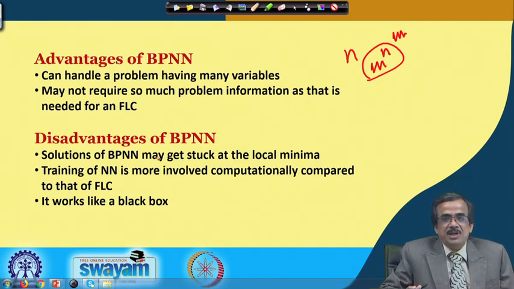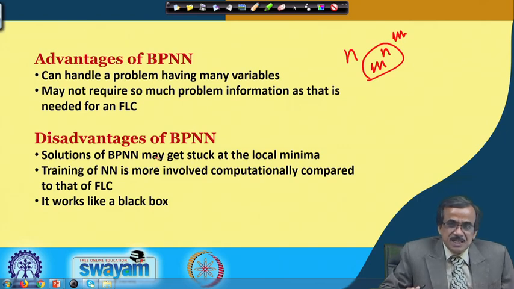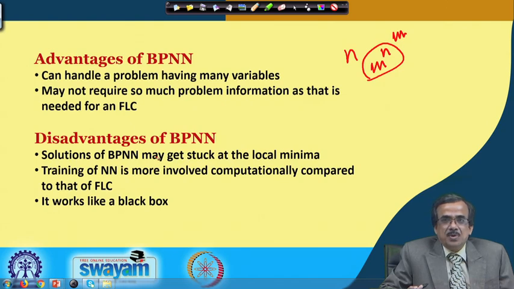This I have already discussed, because initially we do not know the nature of the error surface during the training. Now, if the error surface is found to be unimodal, this back propagation algorithm, which is nothing but the steepest descent algorithm, is going to hit the globally minimum solution very easily.